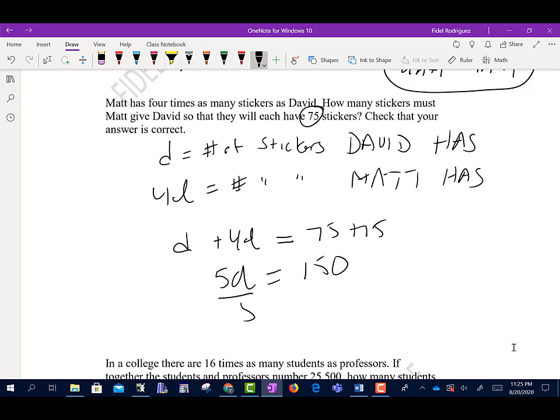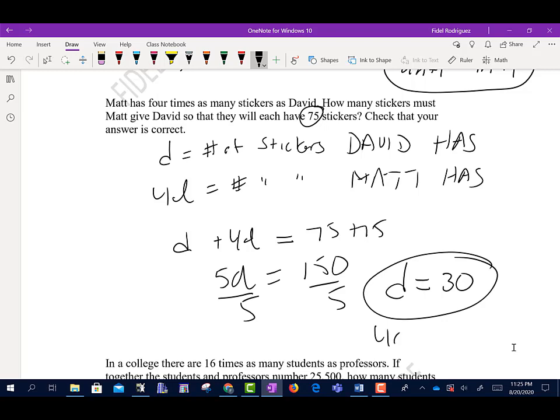So then if we divide both sides by 5, D should be equal to 30, right? And so if D equals 30, then Matt would have 4 times that, and 4 times 30 would be 120. And so if we add them together, that would give me my 150. Okay.